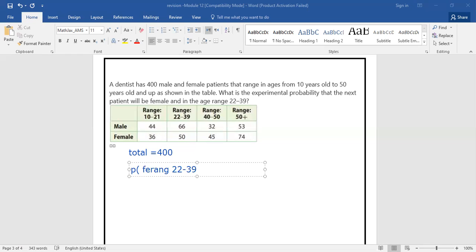In simplest form, 1 over 8, and it will be unlikely. Very good. So to be female and in the range 22 to 39, as you said, it will be equal to 50 over 400.